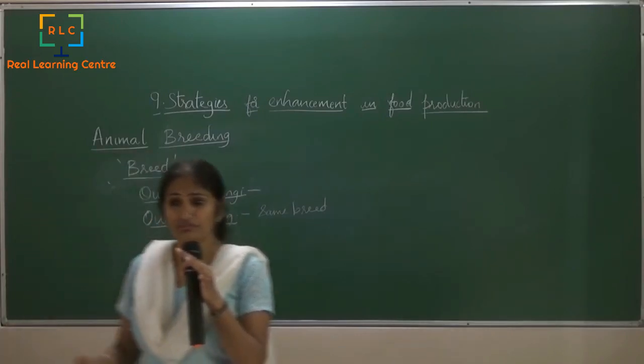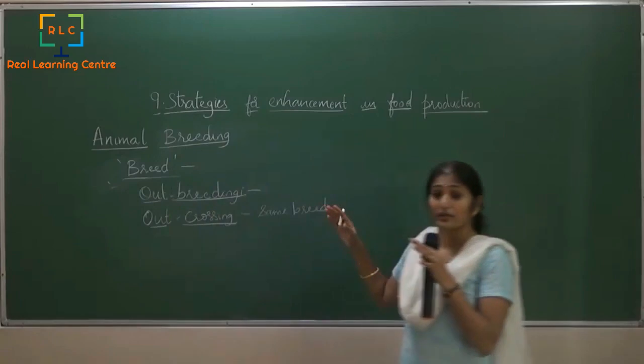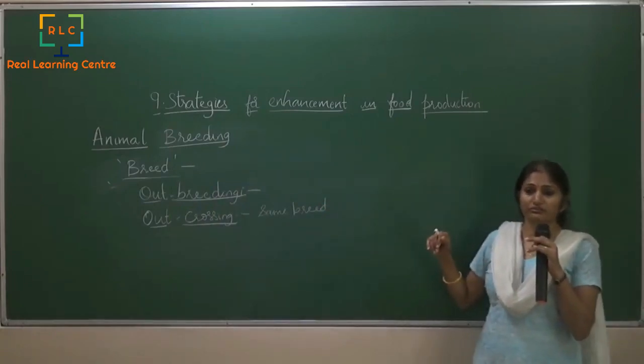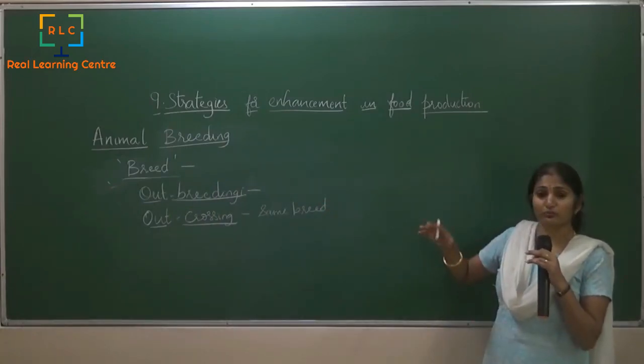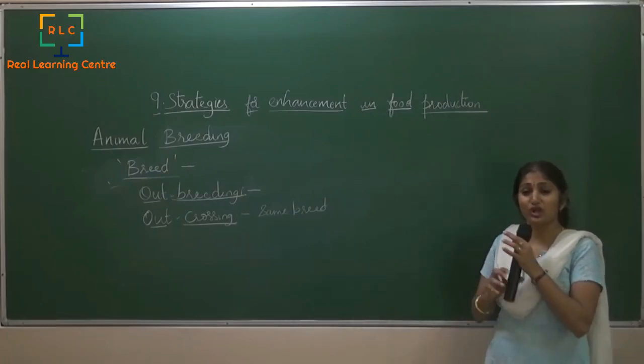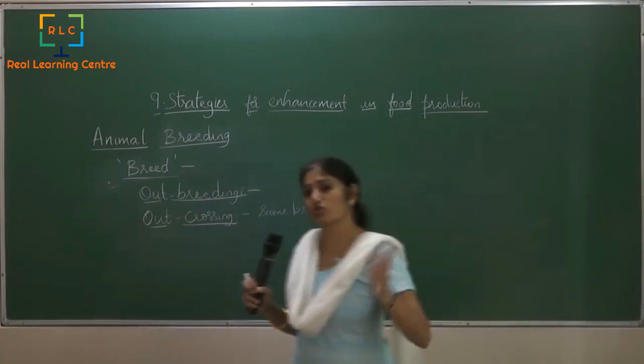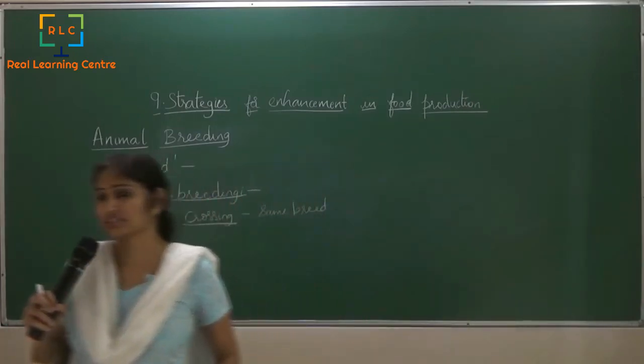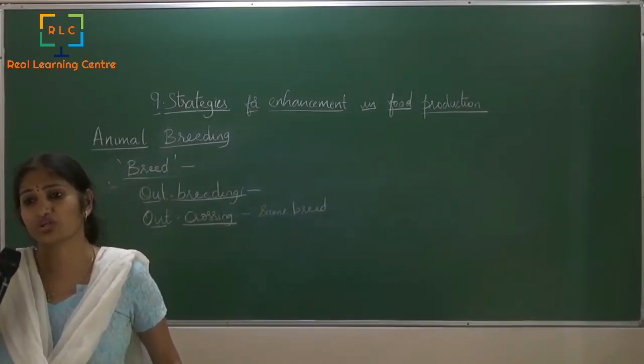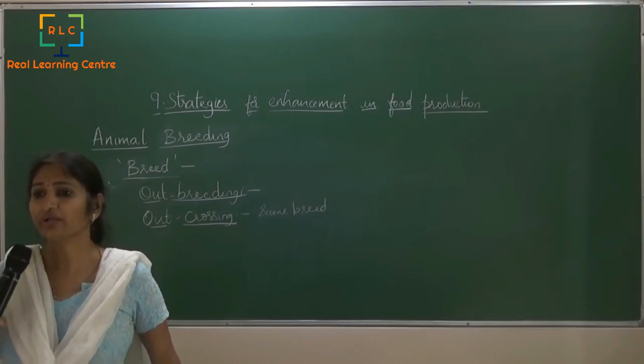Now if there is practice of having mating of animals within the same breed, but these animals did not have any common ancestors on either side from past 4 to 6 generations, we call such a crossing as outcrossing.